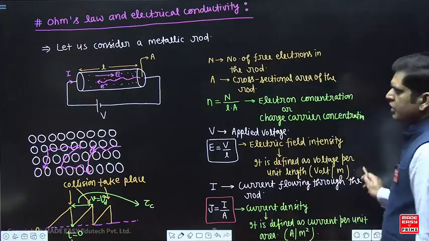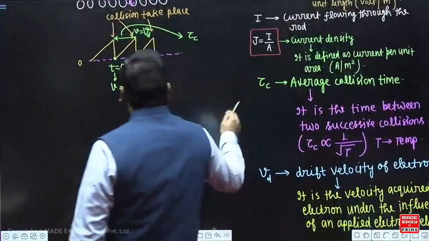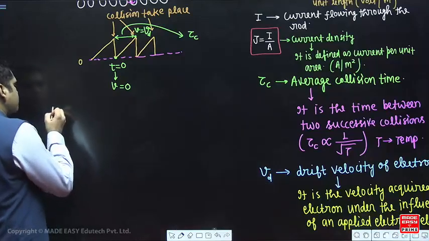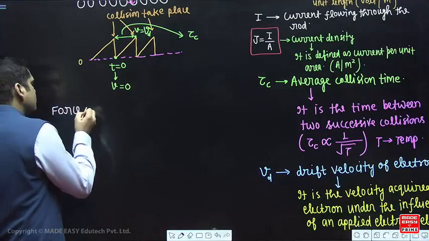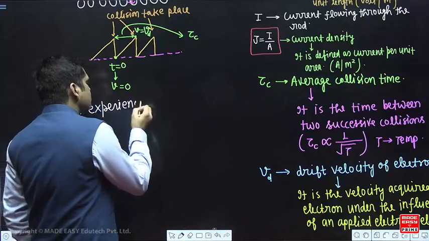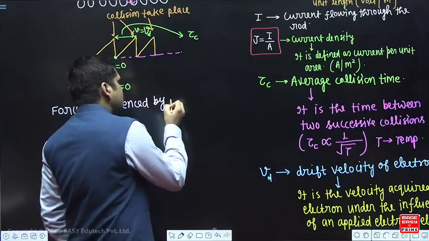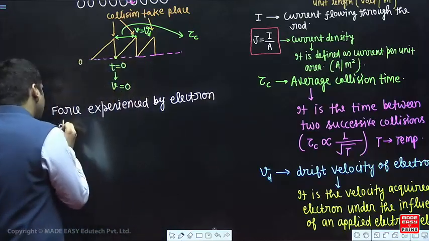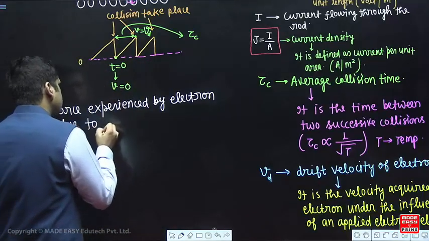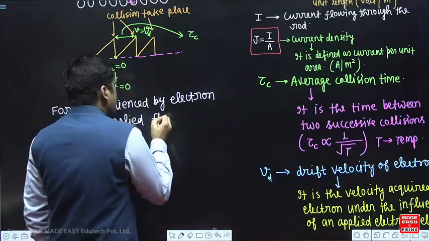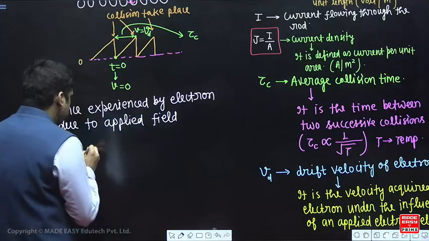ठीक, मुझे ये velocity calculate करना है, कैसे calculate कर सकता हूँ जरा देखिए. मैंने electric field लगाया तो force experienced by electron due to applied field, I'm just calculating magnitude of force. I'm not interested in direction.